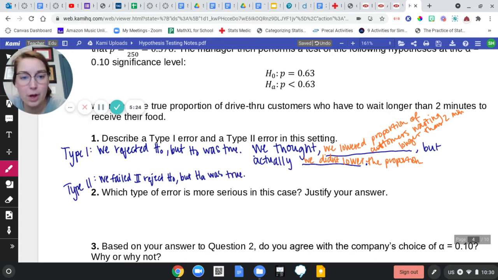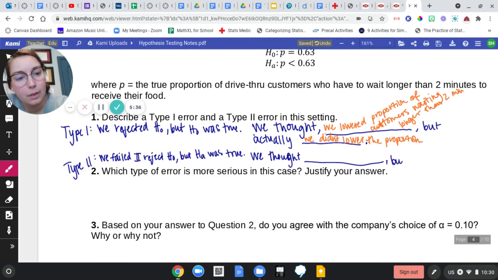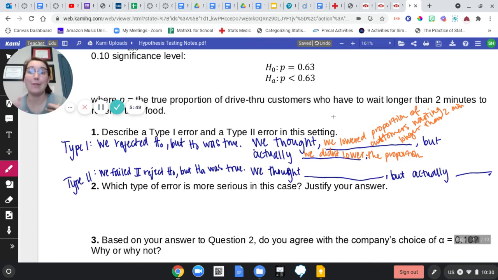So again, we thought something, but actually something else. So we thought blah, blah, blah, but actually blah, blah, blah. If we were in AP, we would probably want to phrase this a little differently. We would want to talk about we found evidence or we didn't find evidence.